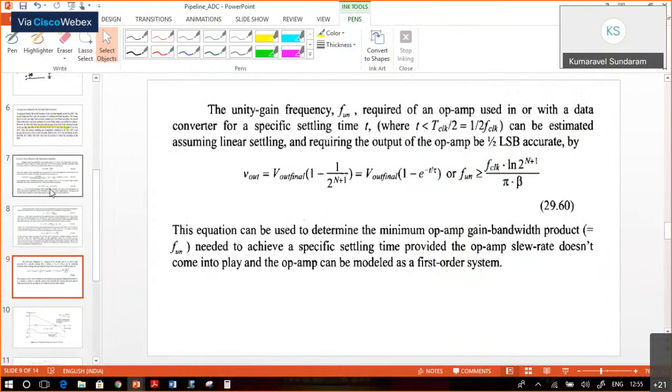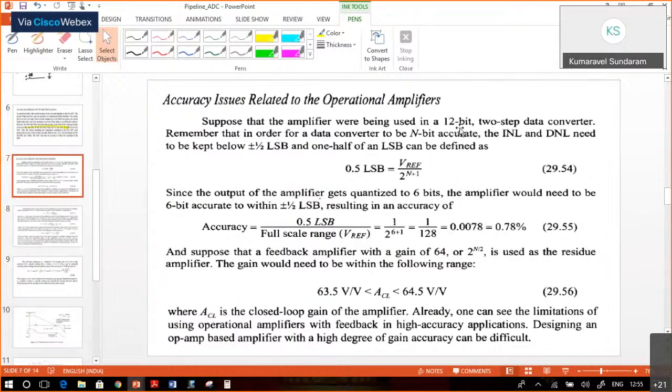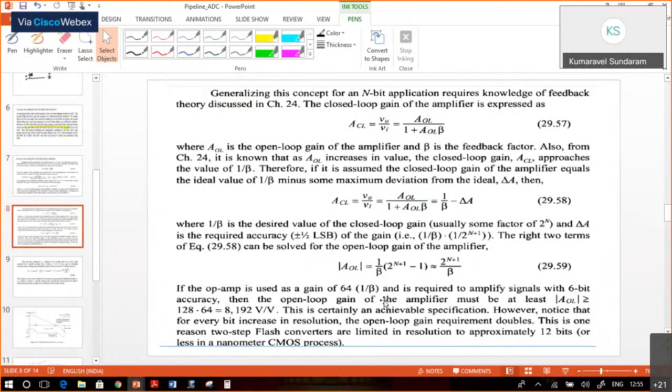Okay, for designing the op-amp, to design a sample and hold amplifier for this ADC, how the op-amp specification has to be derived. What should be the gain of the op-amp and what should be the unity gain bandwidth of the op-amp, we should know. So presently you can see that the gain of the op-amp should be approximately equal to 2 power n plus 1 by beta.